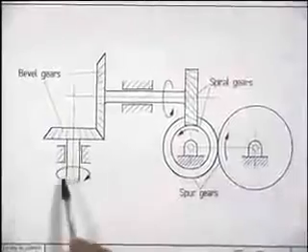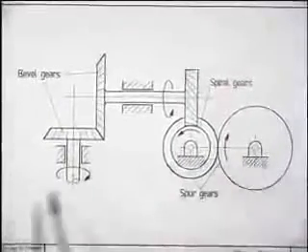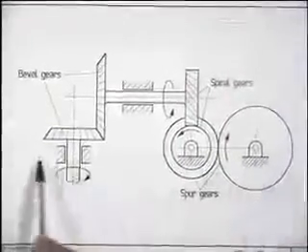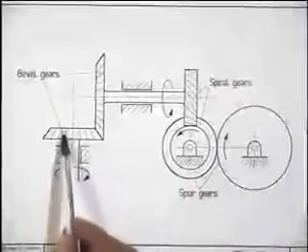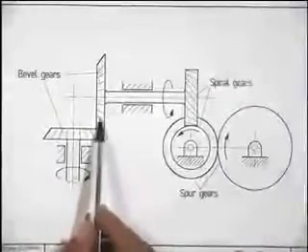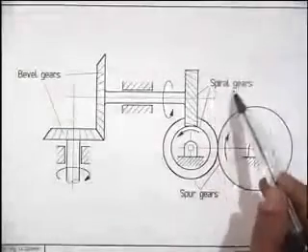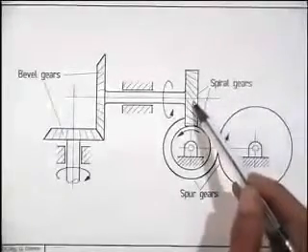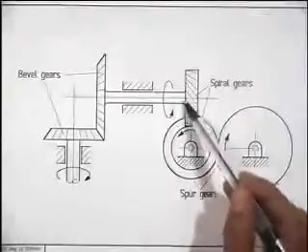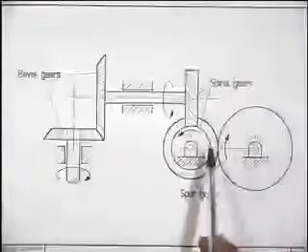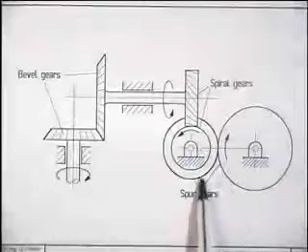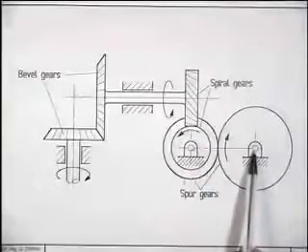So to connect these two shafts, the input and output shaft, and to get a particular speed ratio, we may need, as we see, a pair of bevel gears, then a pair of spiral gears or cross helical gears, which are connecting these two skewed shafts, and a pair of spur gears to connect this shaft to this shaft.